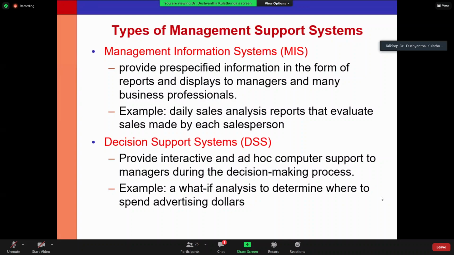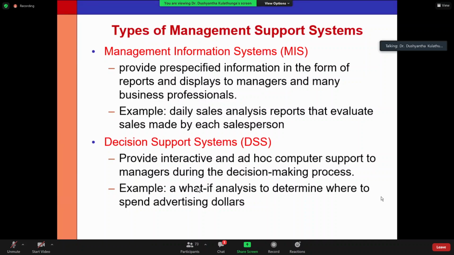So therefore, there can be something called a what if analysis. I think this will be elaborated more when you do, I think, the data resource management chapter. Now, what if basically refers to a situation where depending on a particular input, the output will change.